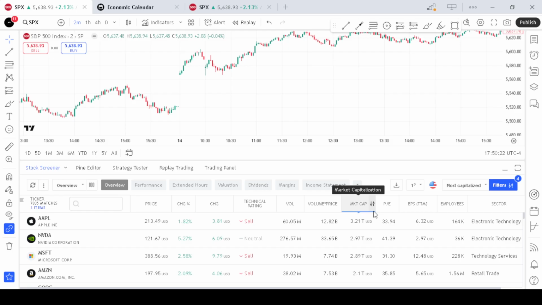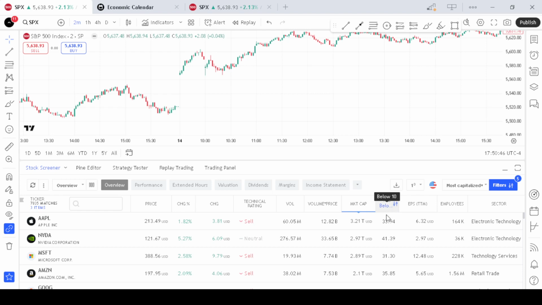Now, for example, if you want to find all the stocks with a PE under 10, you can easily set your filter for that. It's very easy. You just need to tap the filter for the PE. In this area, we tap the filter and you tap below, then you write your 10, and that's all you need to do.